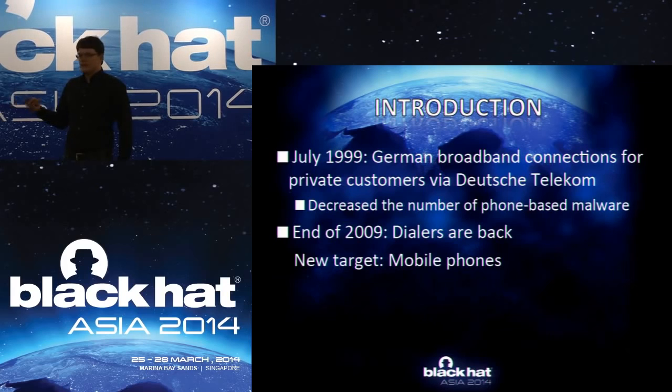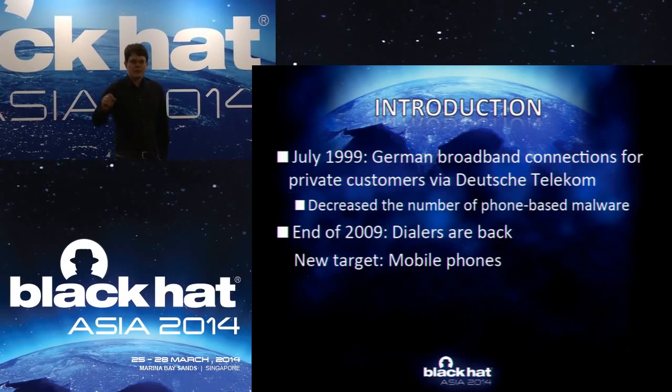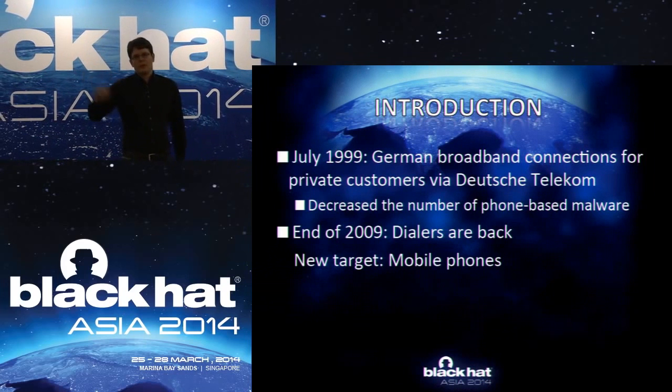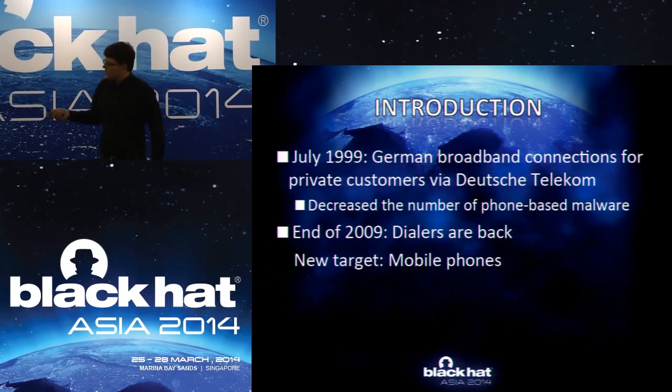And this allowed us to surf a lot faster with DSL. Due to these broadband connections, a huge problem disappeared. This huge problem was the premium number phone calls caused by dialers. So the dialer problem disappeared for more or less 10 years, as we can see here.